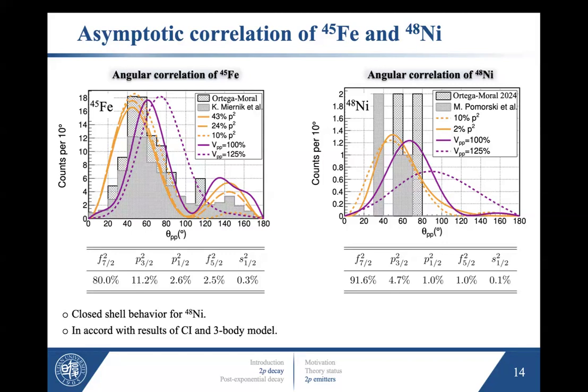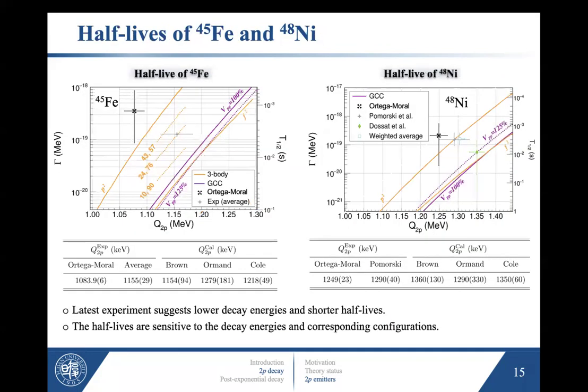He adjusted the P-wave components and found that when the weight of the P-wave components decreases, the second peak is suppressed. Also, we have done some calculations for the half-lives of iron-45 and nickel-48.